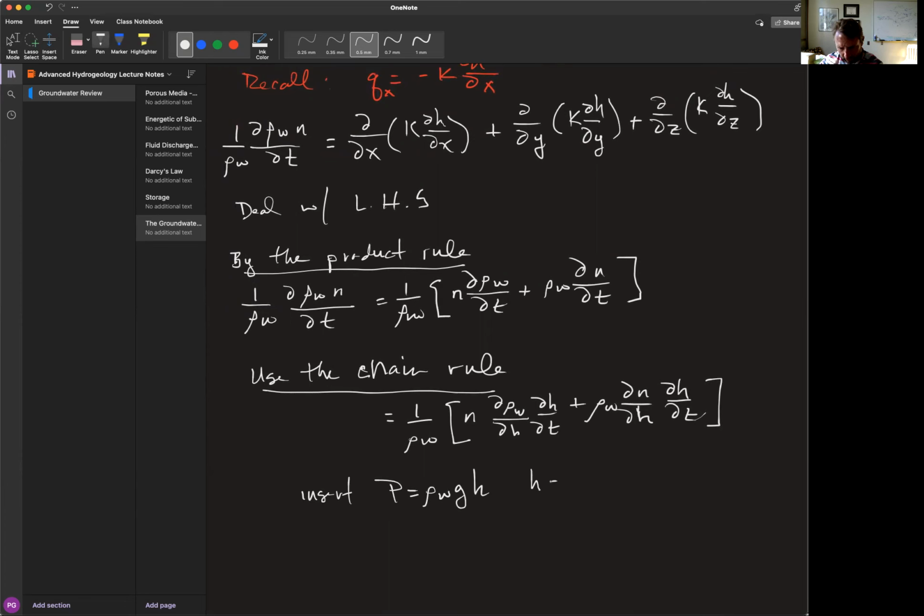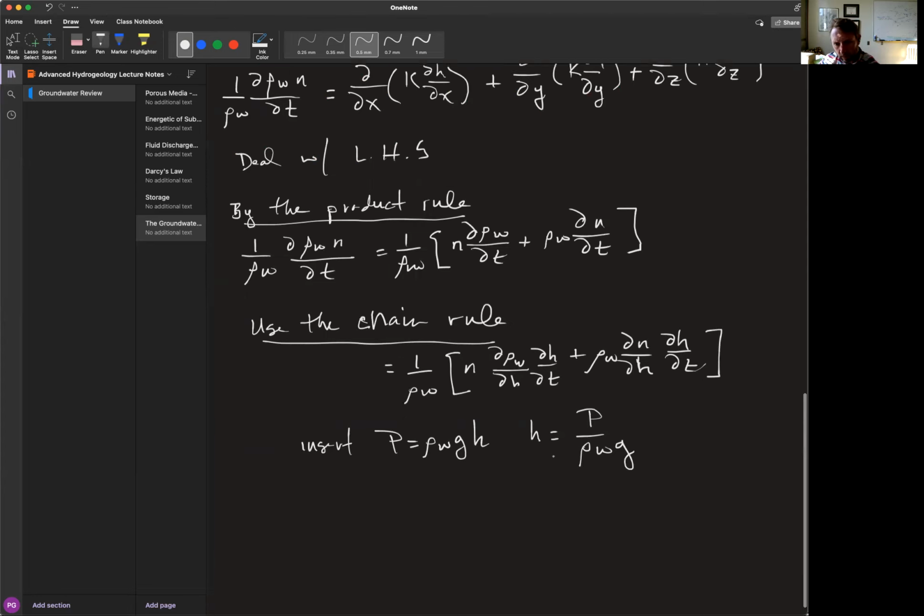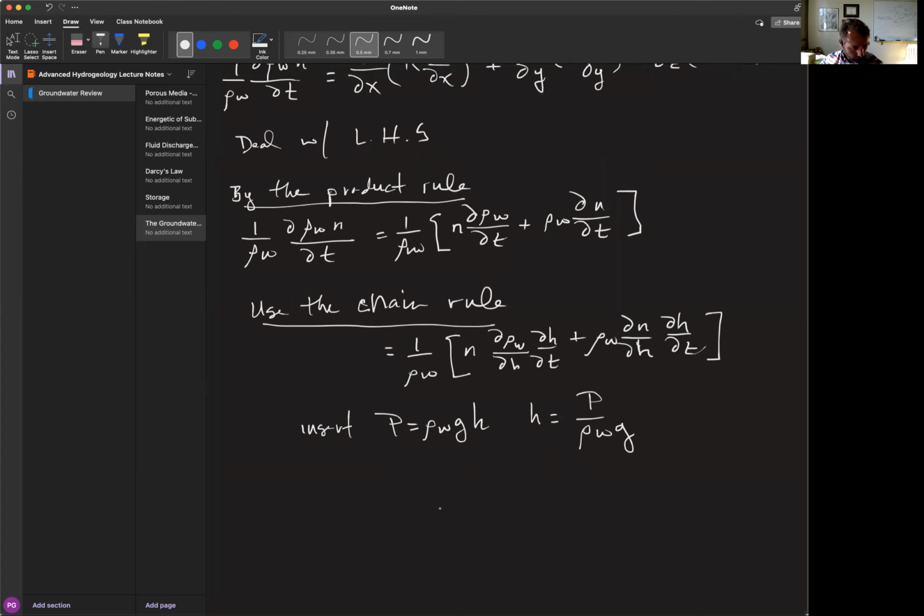So that gives us H is equal to P over rho water G. And if we put this in here, then we will end up with d rho water dH is equal to rho water G d rho water dP, and dn dH is equal to rho water G dn dP.